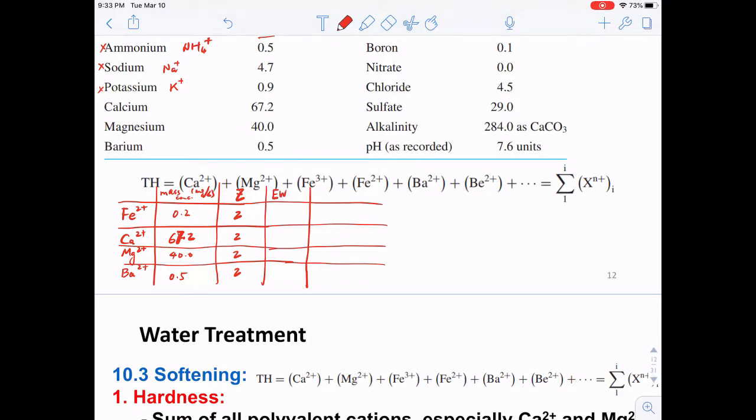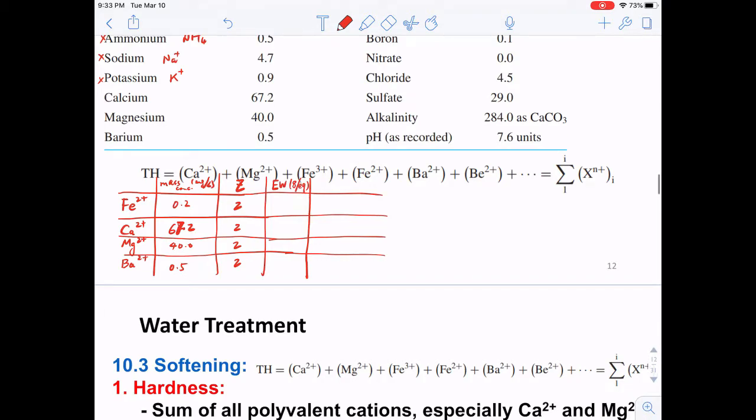And then that's going to be the equivalent weight. The equivalent weight carries a unit of gram per equivalent, right? The equivalent weight is just the molecular weight of these elements divided by the Z here. So for the iron, this is 56 divided by 2. Calcium is 40 divided by 2. Magnesium, 24 divided by 2.